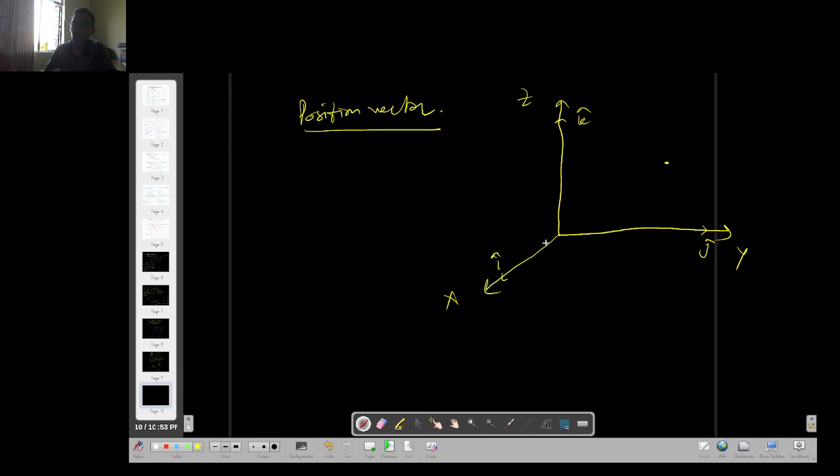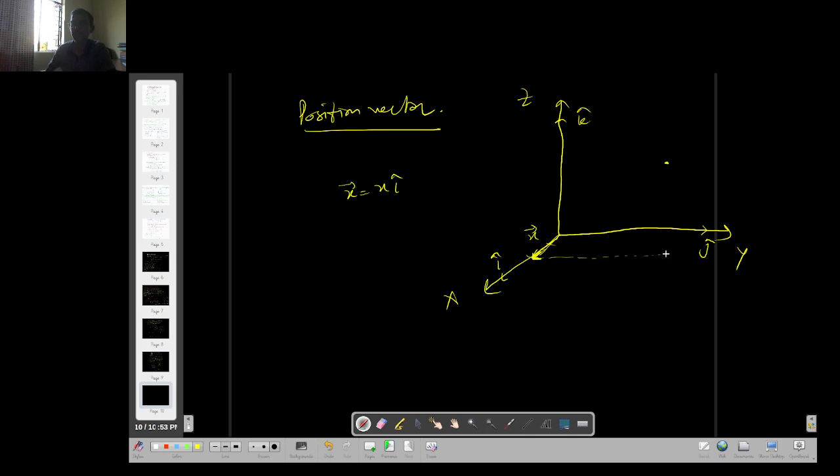Let us say that I move a distance x along the x-axis. Say this distance is the x vector, which can be written as x i cap, where x is the magnitude.